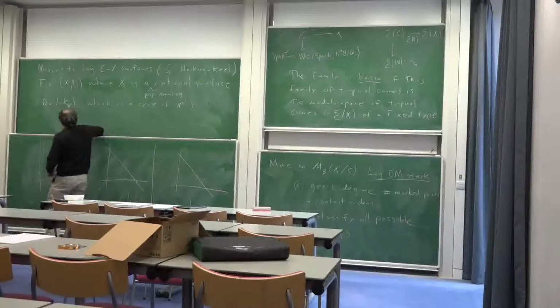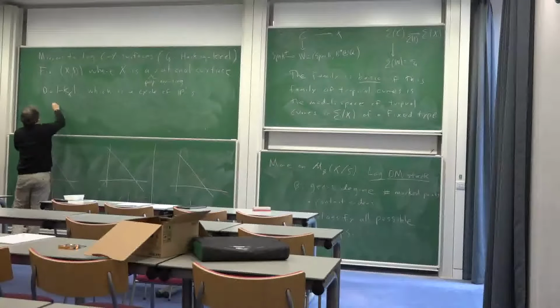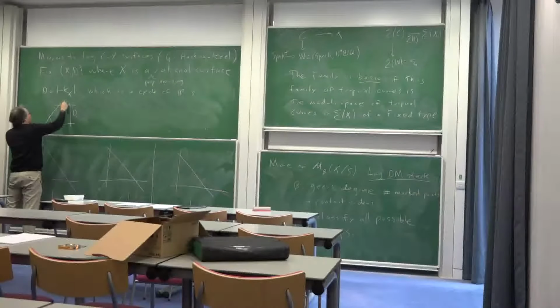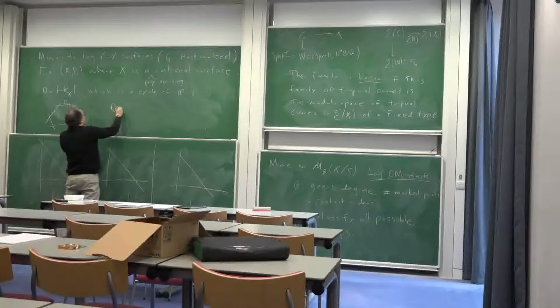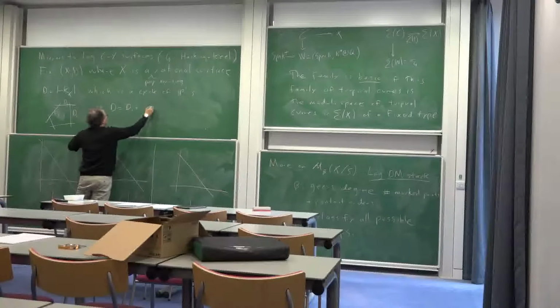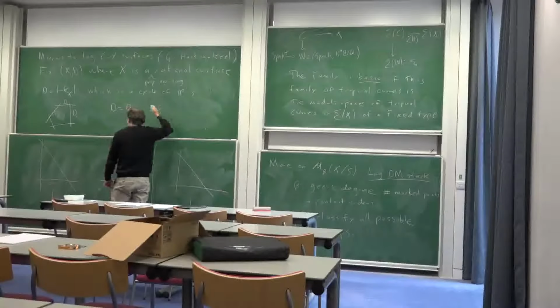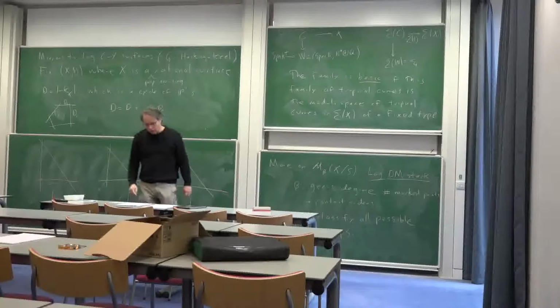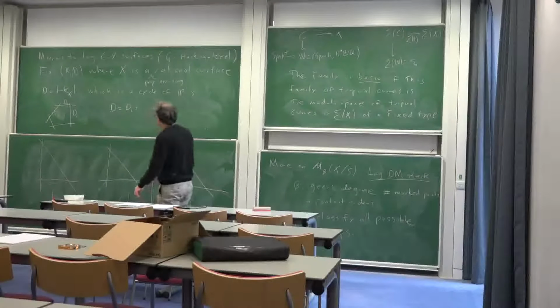So what I mean is just looks something like this. And I'm going to write the irreducible components as the D_i. So D is equal to D_1 plus dot dot dot plus D_n for some fixed number n, which I will carry throughout the notation.